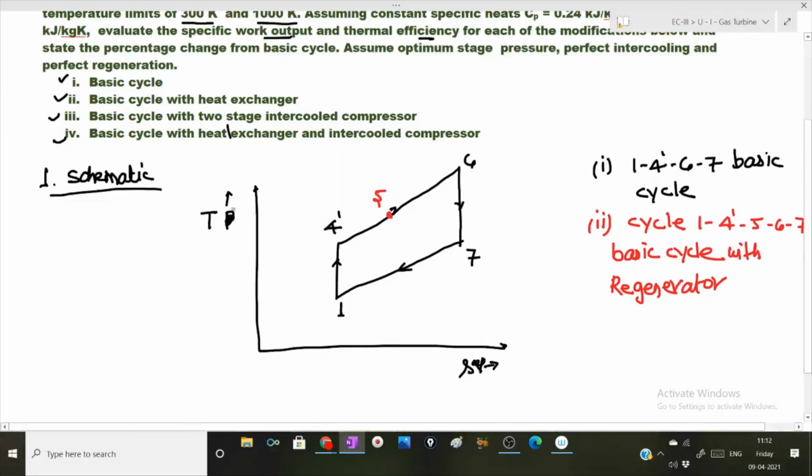Okay, now let us represent third cycle, basic cycle with two-stage intercooled compressor. So how does intercooling work?